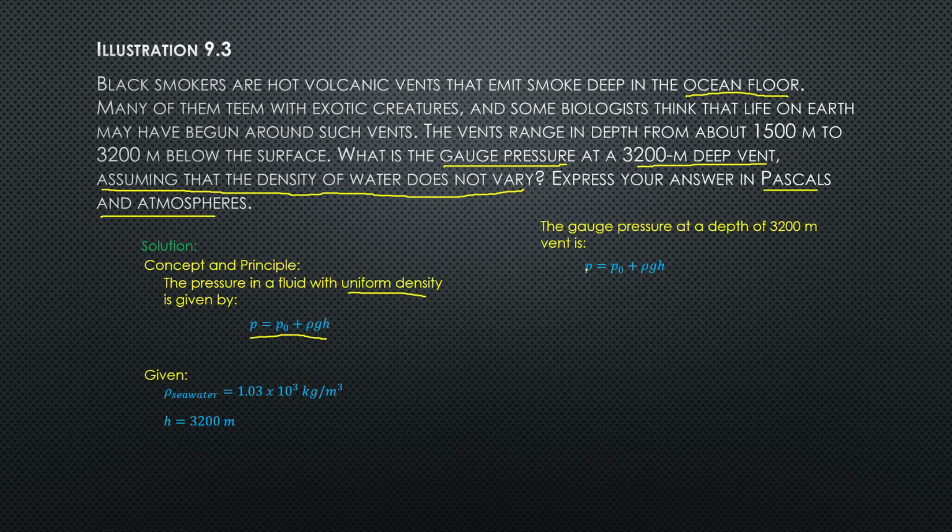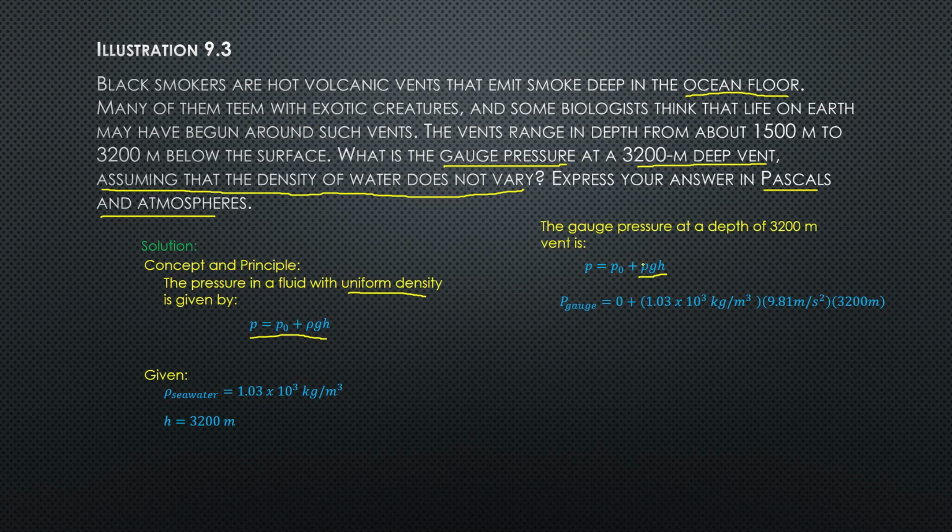So the absolute pressure is equal to the atmospheric pressure plus the gauge pressure. We are only dealing with gauge pressure, so the atmospheric pressure is not considered, so that is 0.